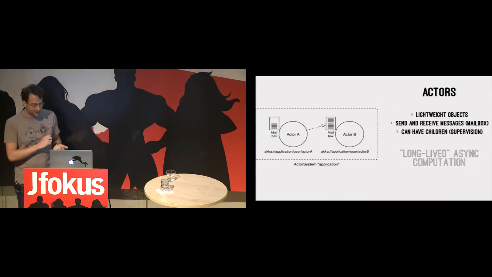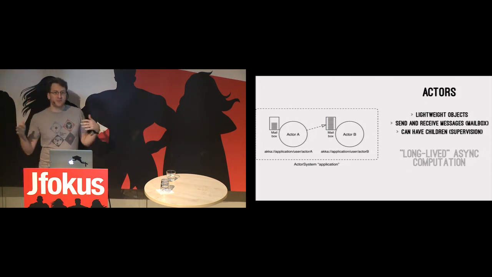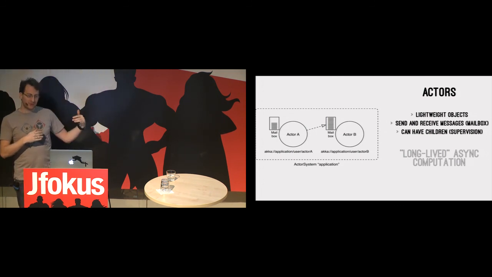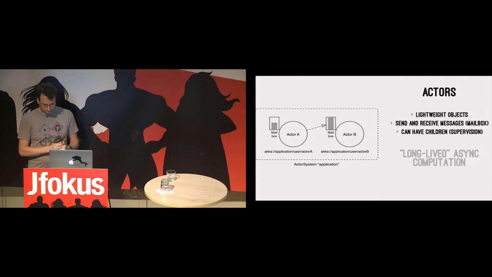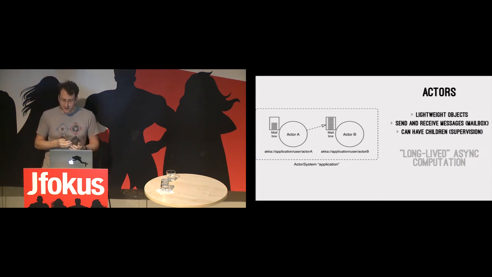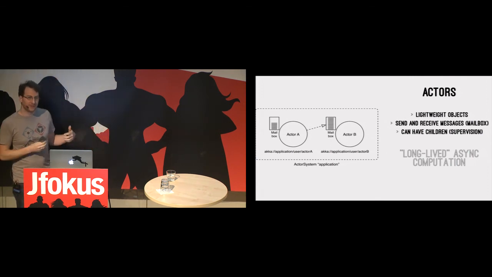Actors are lightweight objects. You can have millions of them running on one JVM. What they do is send and receive messages. They have a mailbox, so all the messages arrive in the mailbox. And they have an address, so you can use this address or reference to send things to an actor. This is something you want to use for long-lived asynchronous computation.